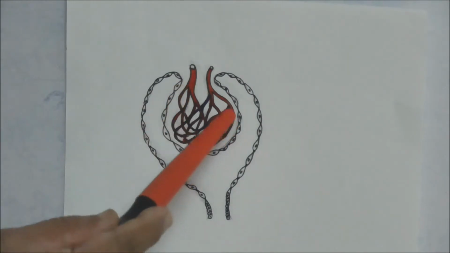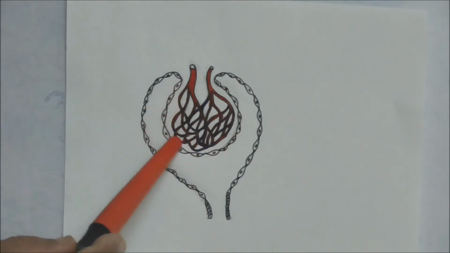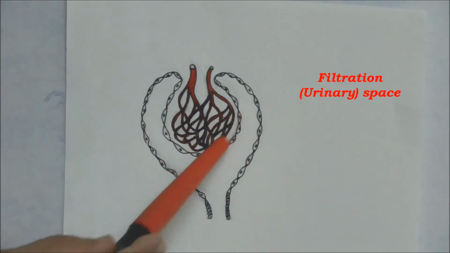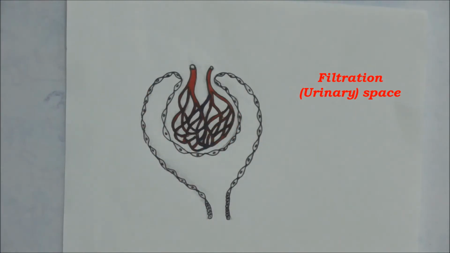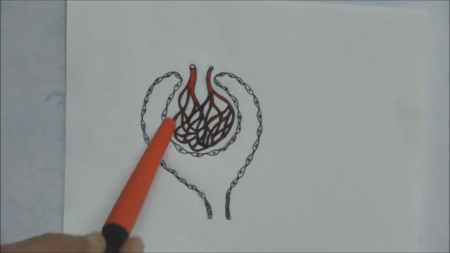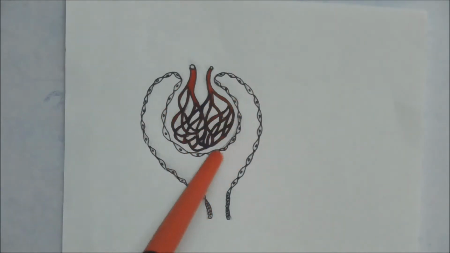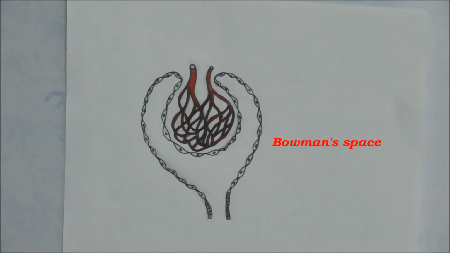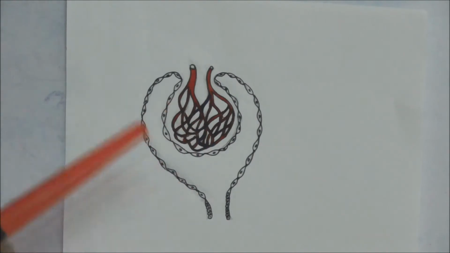Now, between the glomerulus and the visceral layer, there is a minor gap, which is called the filtration space, or filtration cavity. Next to the visceral layer, there's another cavity which we have called Bowman's cavity or Bowman's space. This is in general the structure of Bowman's capsule and glomerulus.